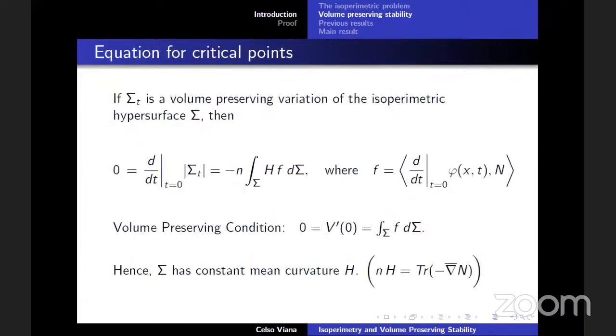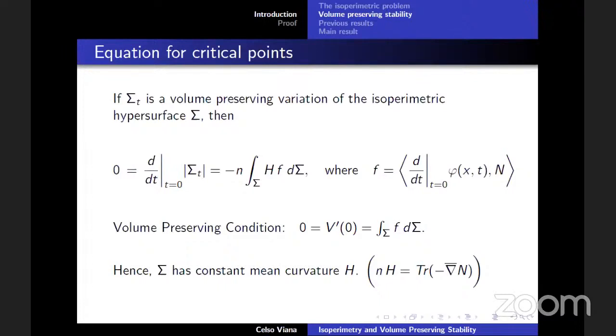So the first equation that we have is, of course, that these isoperimetric hypersurfaces have constant mean curvature, right? And this comes from the first variation of area. There's a standard formula for that. And as you can see here, the mean curvature appears. And also this function f here, which is just the normal component of the variational vector field that you use to deform your surface, right?